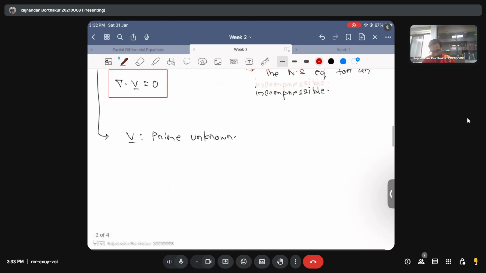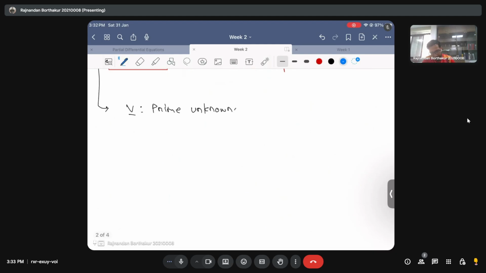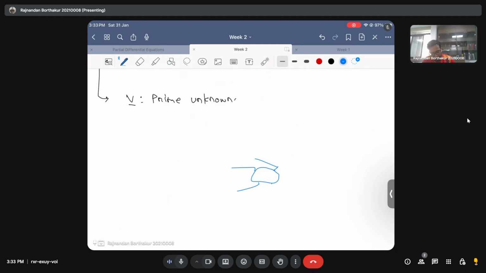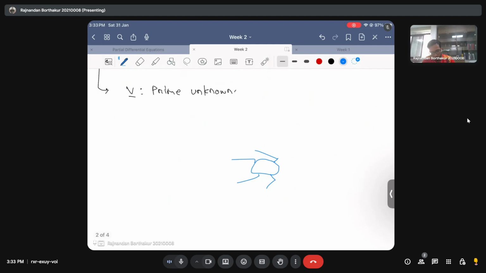For instance, let's say I have a microorganism of this form. How these microorganisms move is, they have something known as tentacles. You can think of this blue object as a microorganism, and it is moving in some direction, which we'll call up, which is the linear velocity of this microorganism.